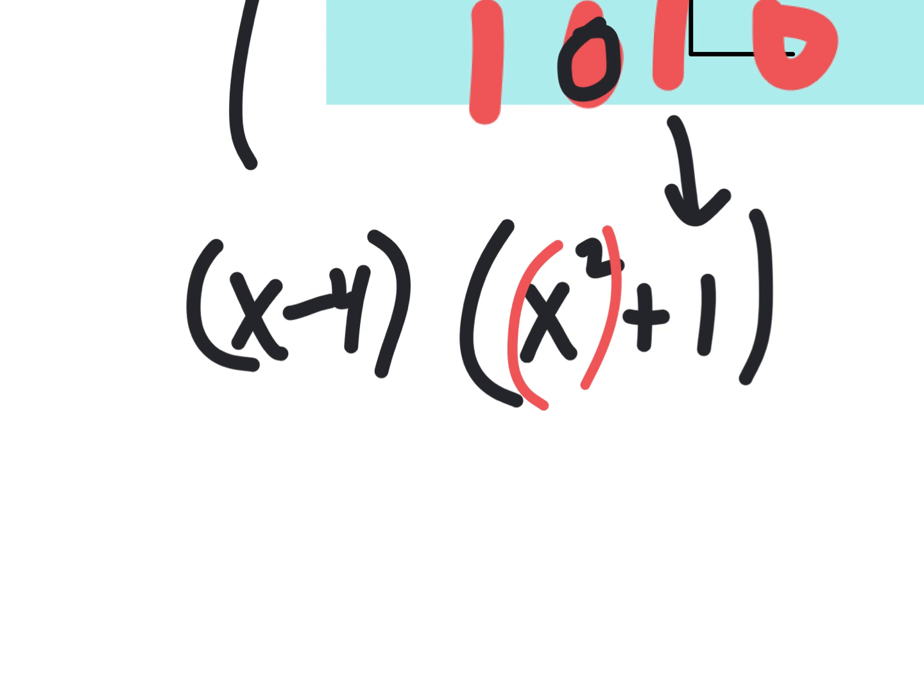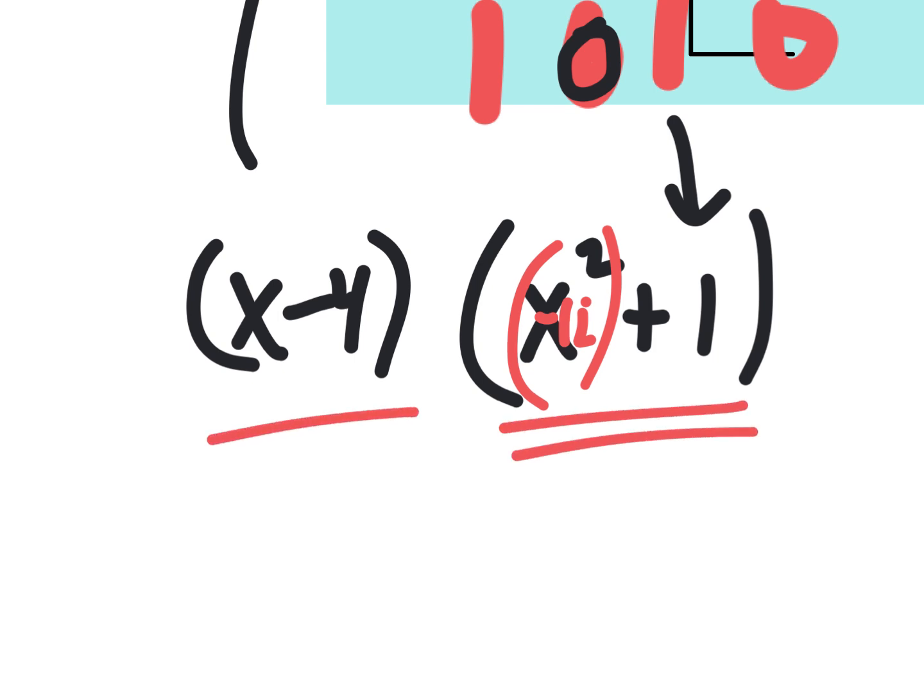So, how many imaginary solutions? 2. Remember that imaginaries always come in packages of 2. Because if -1i works here, then +1i will also work there. So there's 1 real one and 2 imaginaries.